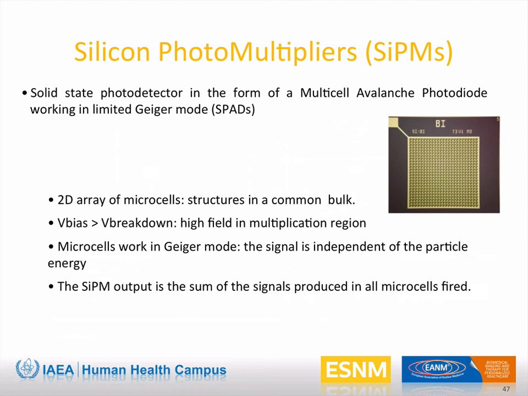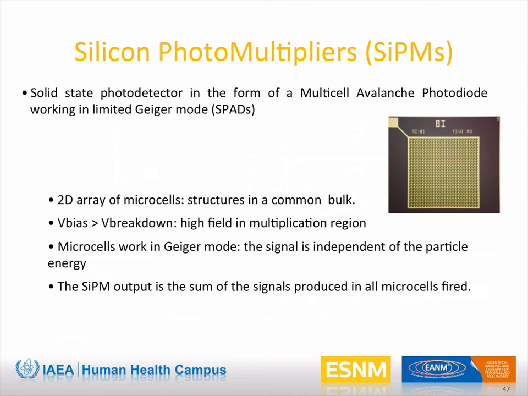A SiPM, also known as Geiger mode avalanche photodiode or multi-pixel photon counter, is a device obtained by connecting in parallel several miniaturized SPADs of a few tenths of square micrometers belonging to the same silicon substrate, so that the output signal of the SiPM is the sum of the SPADs' output.